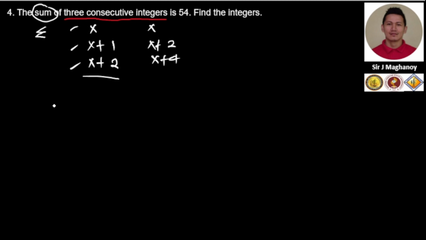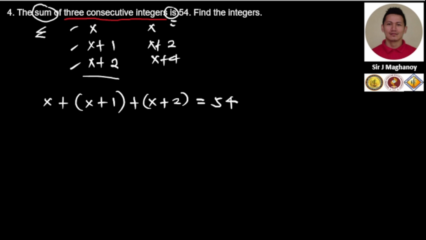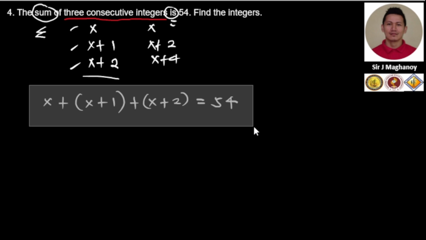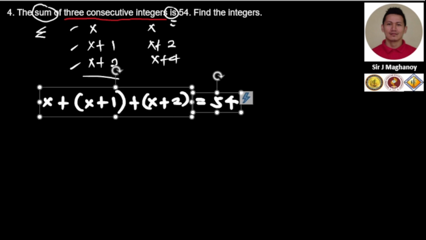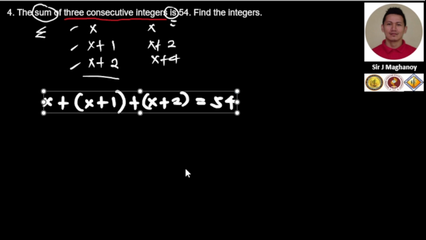So if we write our equation, that is x plus x plus 1 plus x plus 2 is equal to 54. This is our equation from the summation of three consecutive integers.